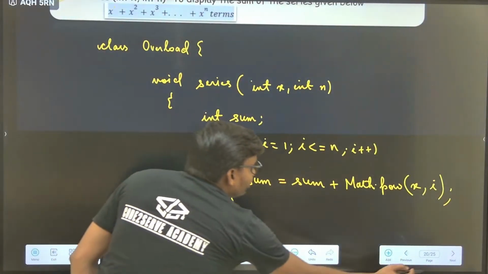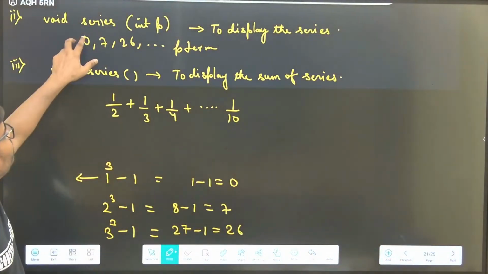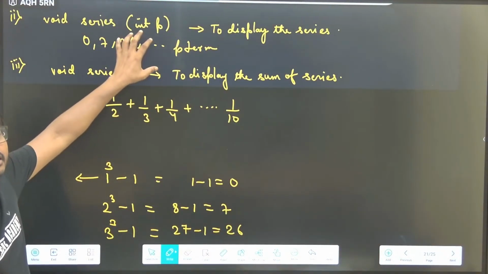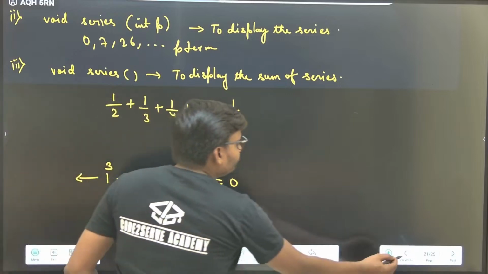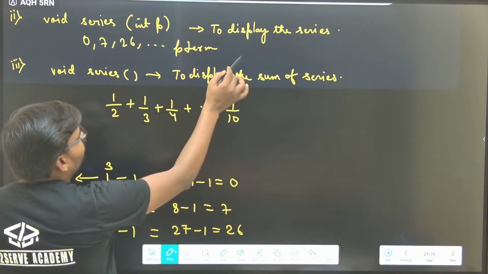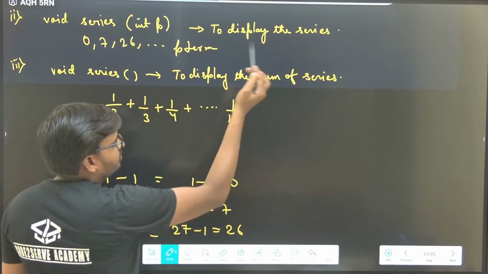So in this second function, you will be receiving only one integer argument. Now you don't have to find the sum. It is basically telling you to display the series.